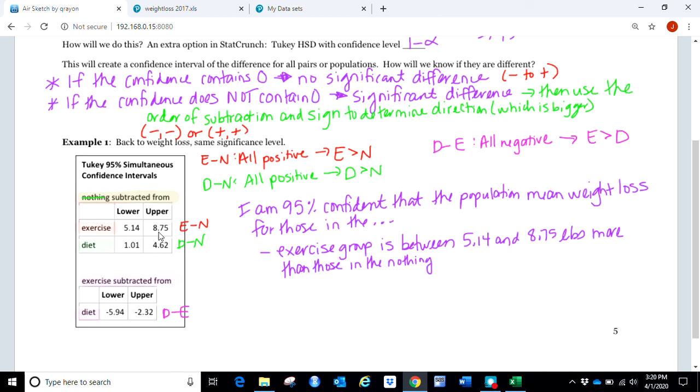So that would be the interpretation of that first confidence interval that we see here.